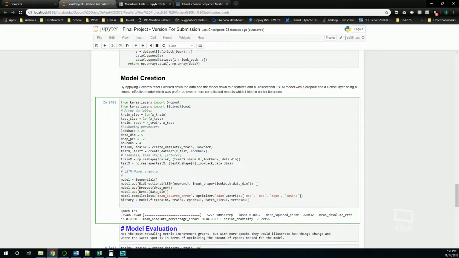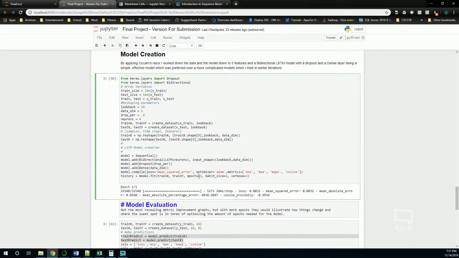It uses context and previous and past data, so it seemed fitting for temperature prediction. Because you look at how hot the last month was to figure out if the next month's going to be very hot. It just makes sense at a heuristic level.